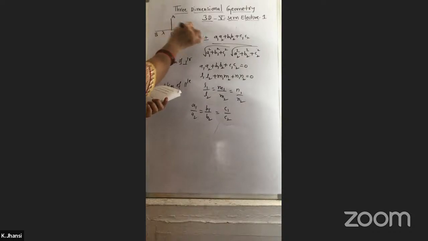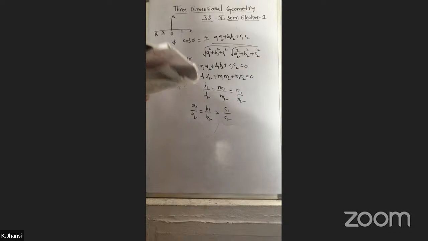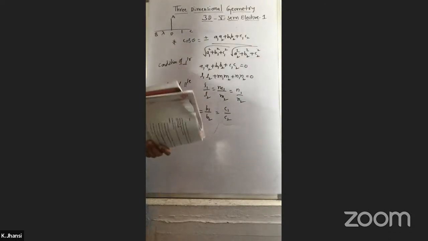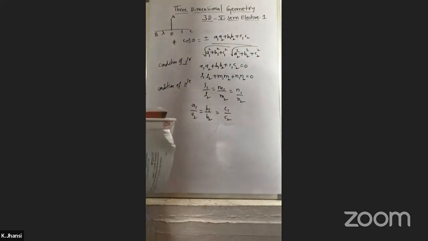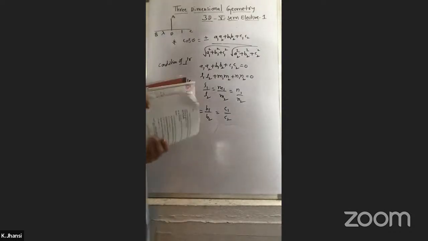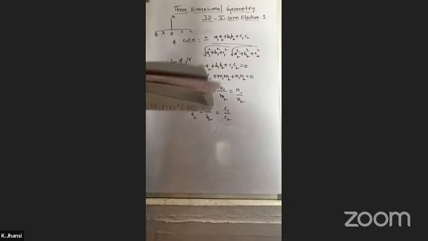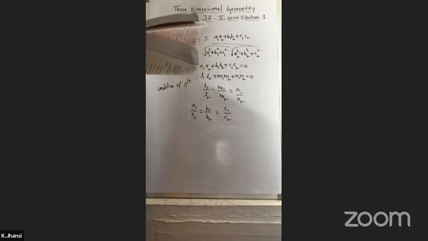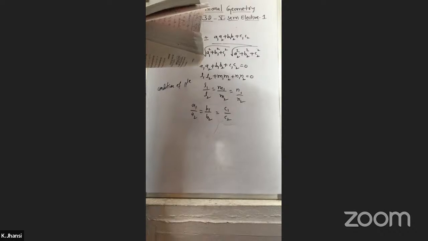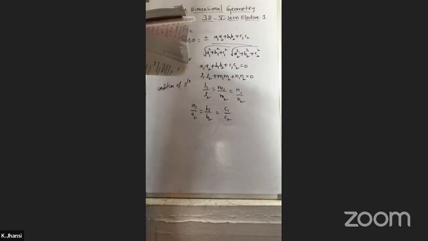We have to find the value of D with the help of two conditions. First, it is divided in the ratio lambda is to 1. After that, the direction ratios of AD with respect to the point you get there.